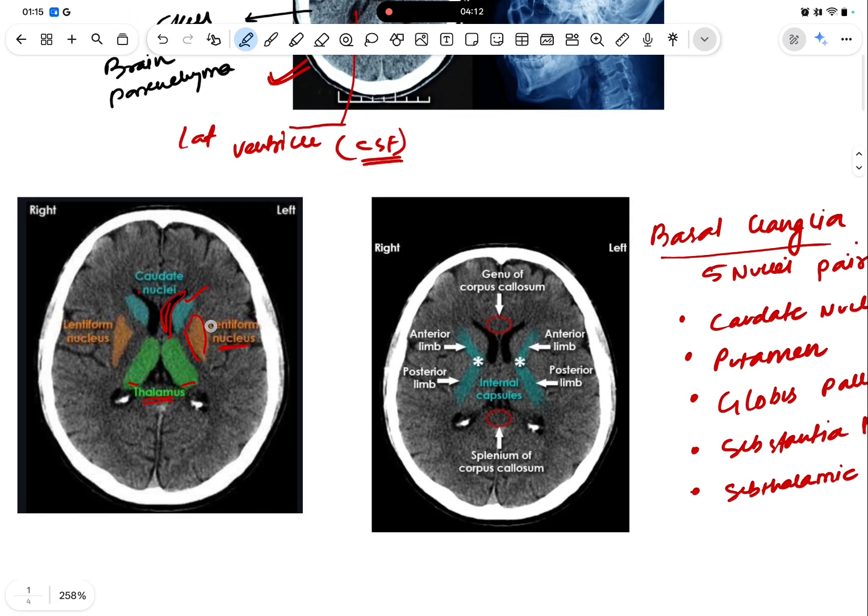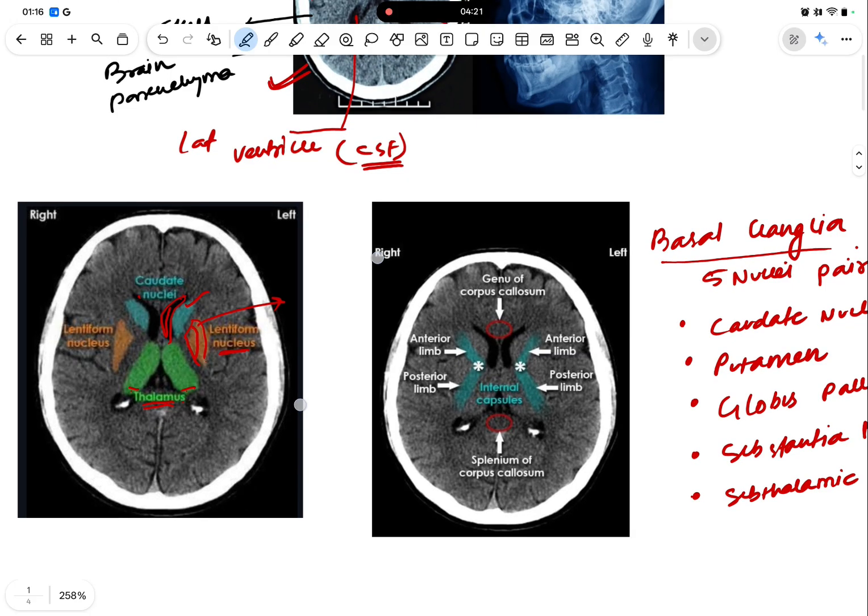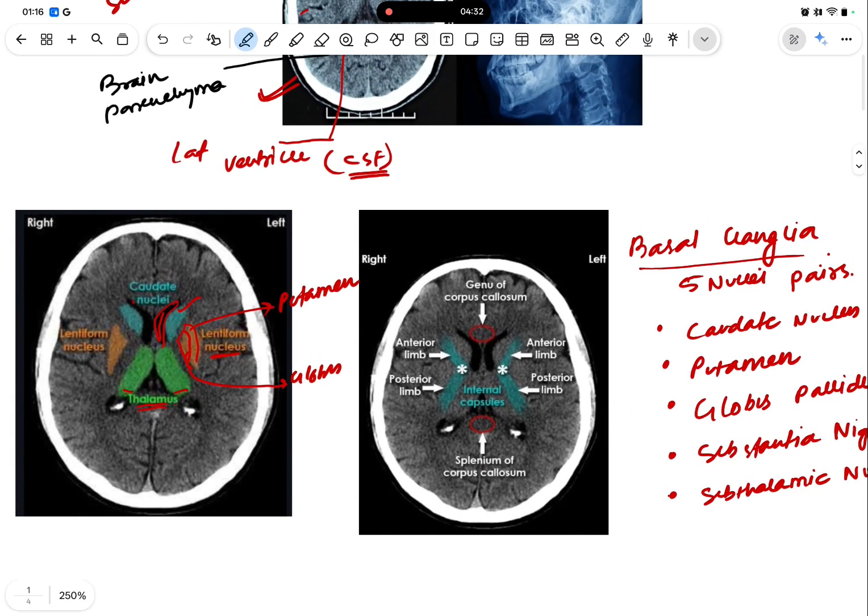And the lentiform nucleus is formed actually by 2 more structures. The outer one is called the putamen, and the inner one is called the globus pallidus.